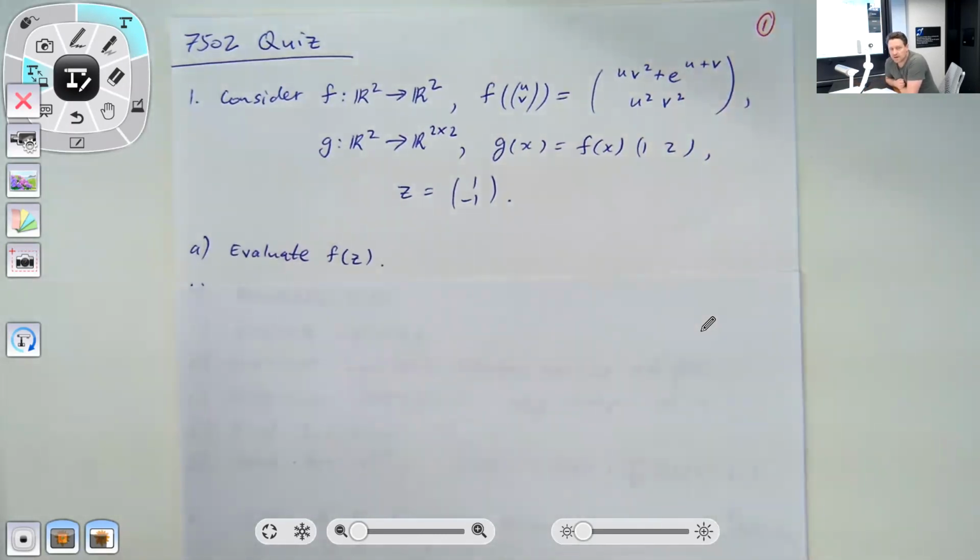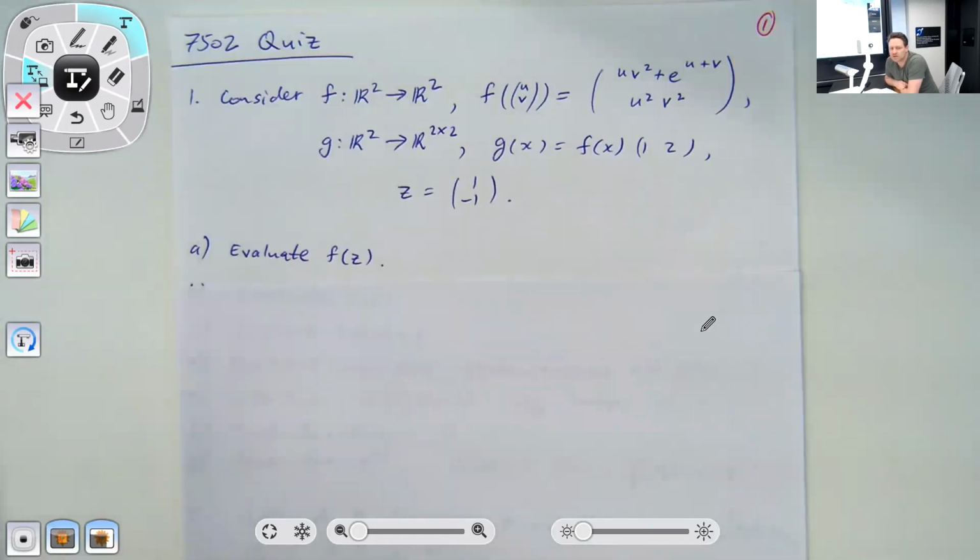All right, then we define another function g of x, sending the same set, but this time to a different set. It maps to the set of quadruples of real numbers, but we can interpret this as 2x2 matrices with real entries.